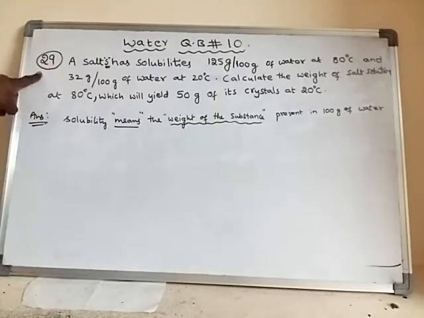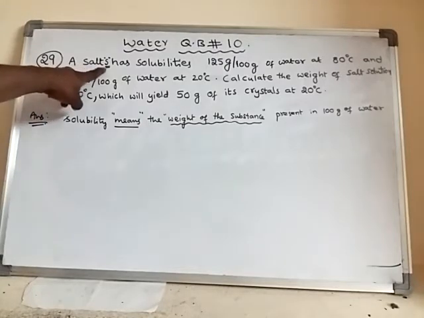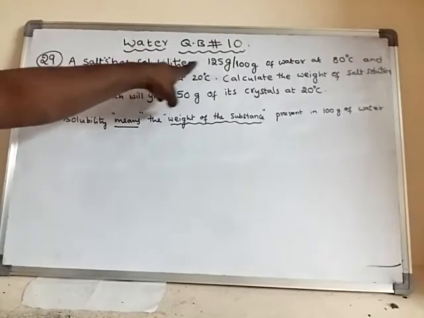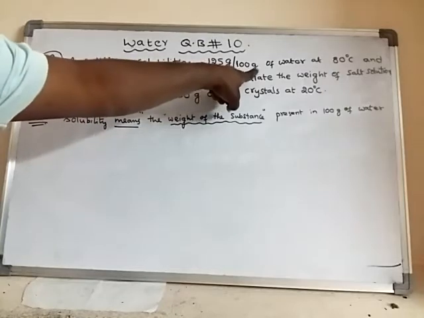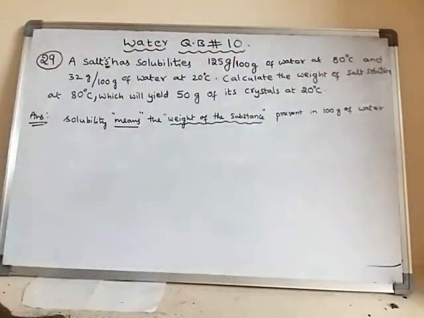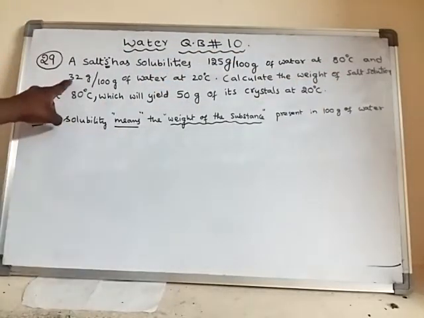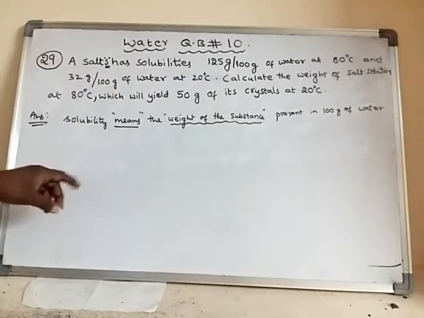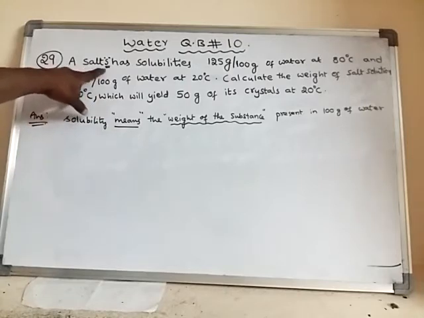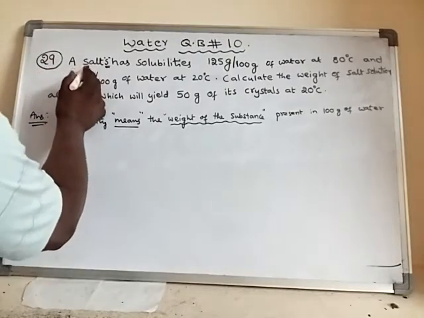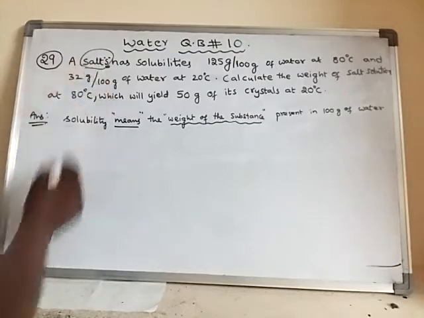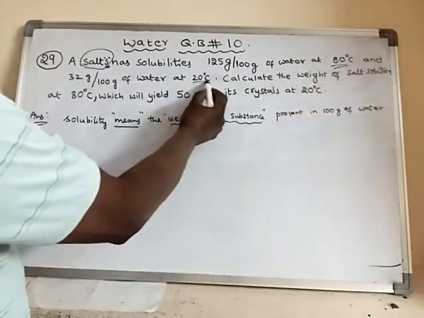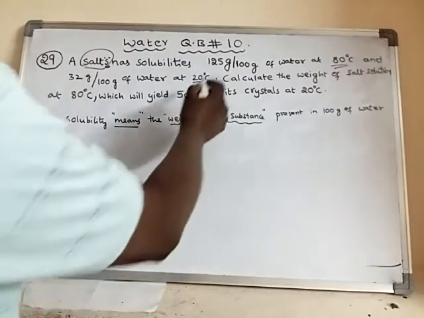Now here the question is: a salt S has solubilities of 125 grams per 100 grams of water at 80 degrees centigrade and 32 grams per 100 grams of water at 20 degrees centigrade. So the solubilities of the salt at 80 degrees centigrade and at 20 degrees centigrade are given.